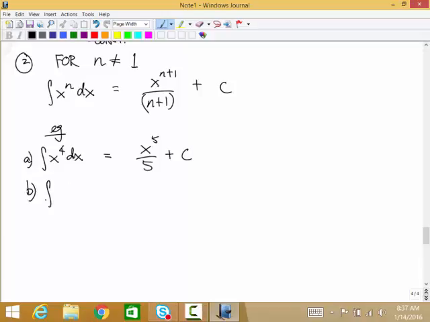And you can do it with negative exponents too, as long as n isn't equal to negative 1. So x to the negative third dx is equal to negative 1/2 x to the negative 2 plus c.